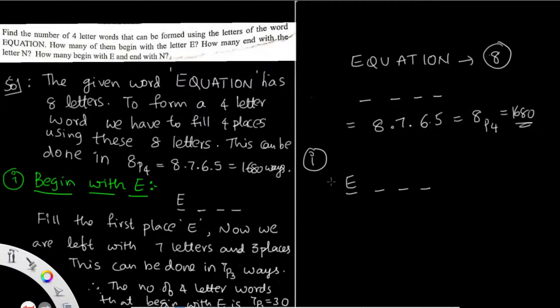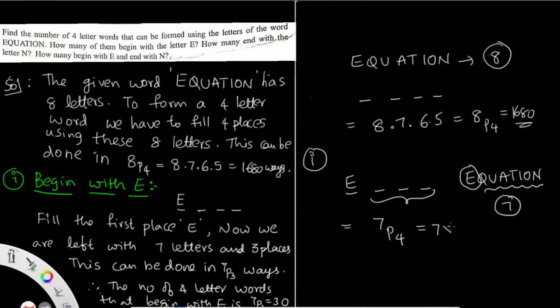The first place is filled with E. The remaining letters are 1, 2, 3, 4, 5, 6, 7, so 7 letters are there, and we fill the 3 places with these 7 letters. This can be done in nPr form. 7P3 is nothing but 7 into 6 into 5.